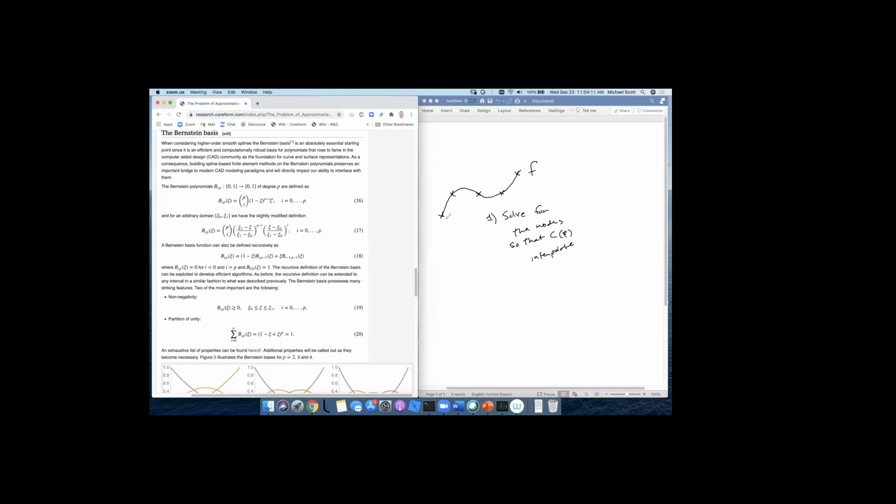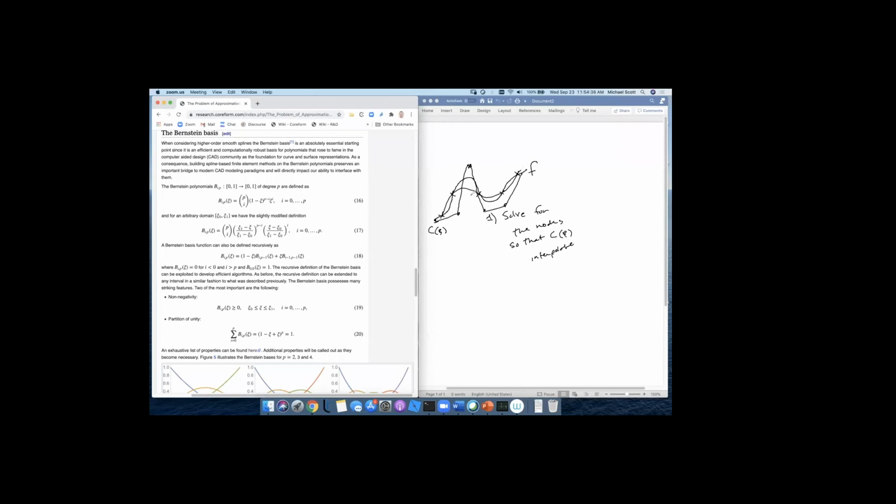Maybe that gives you a Bezier curve that looks something like this initially. That curve has a control polygon that maybe looks something like that. This is not exact or anything.